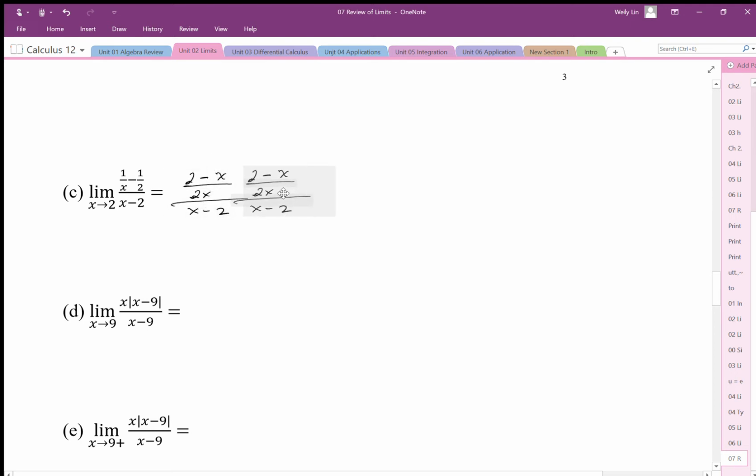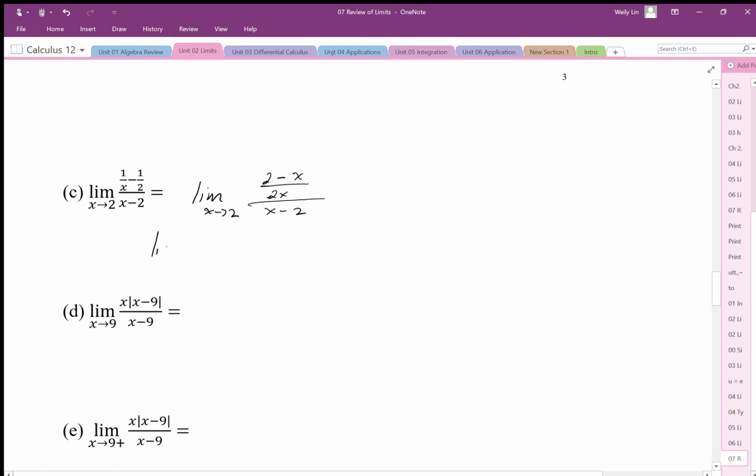We can algebraically simplify this complex fraction. The limit as x goes to 2. This numerator and this denominator really are the same factor. They just differ by a negative. So I'm going to write it this way.